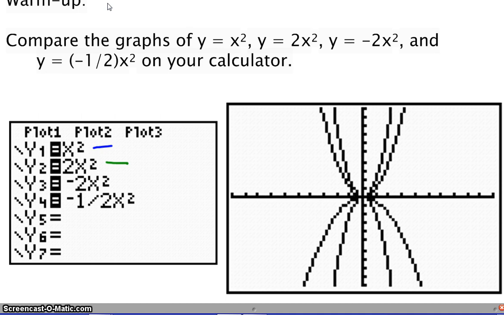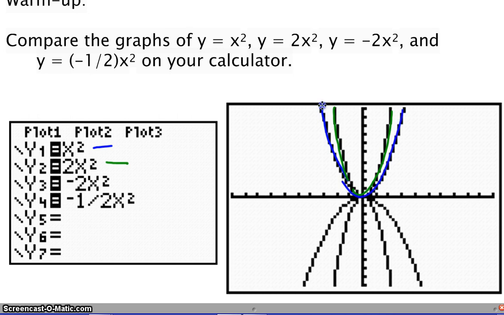When you do that, we can see that the blue one here would be the x squared. We talked about how the number in front, the 2, is going to make the graph go up quicker. So the 2 is going to make that one go quicker.